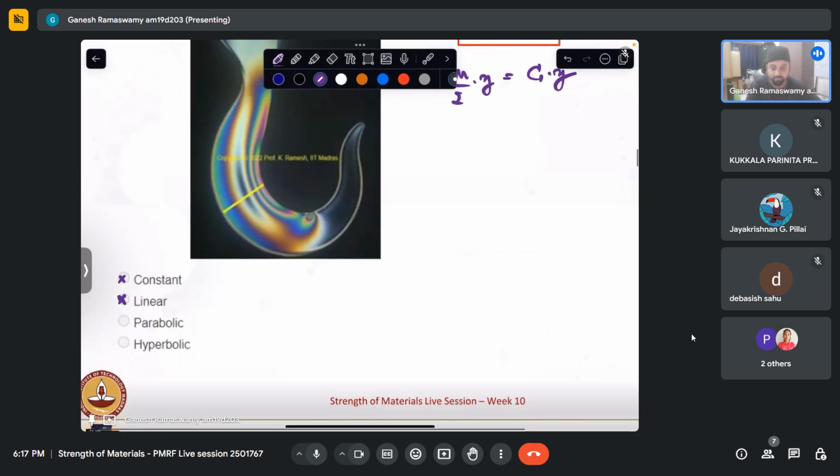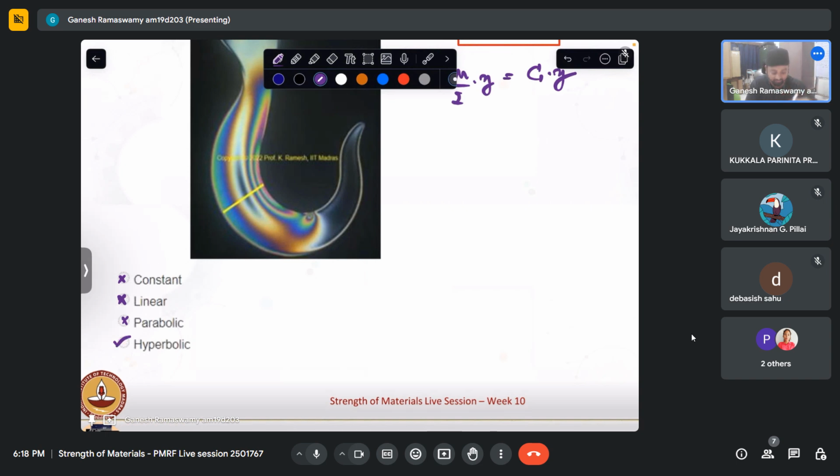If this was parabolic, it would not be equidistant, but at least there would be some semblance of symmetry about the neutral axis, which is also not there. So the only conclusion that can be drawn is that it is hyperbolic, which it indeed is.